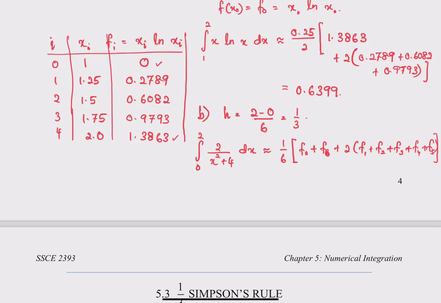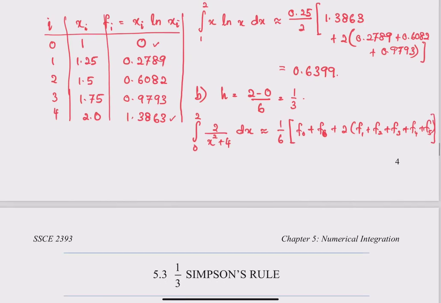And from the table that you make, exactly like the previous one but up to i equal to 6, the answer for this one is approximately 0.7842. This is your answer when you evaluate this function numerically.